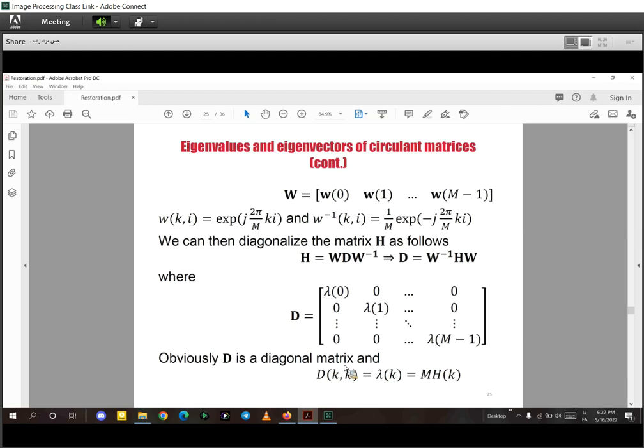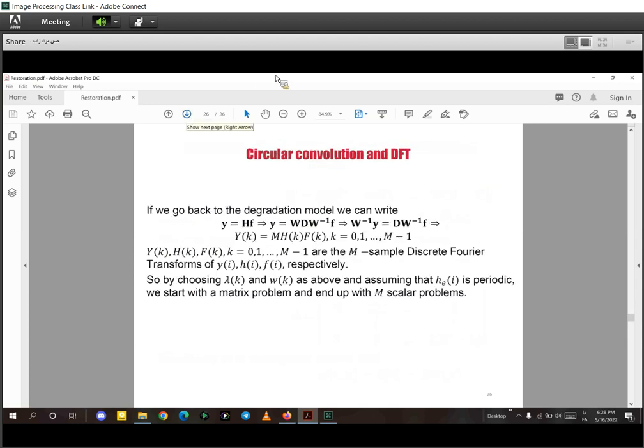Obviously D is a diagonal matrix, and D k k is lambda k, the eigenvalue, and W's columns are the eigenvectors for H.